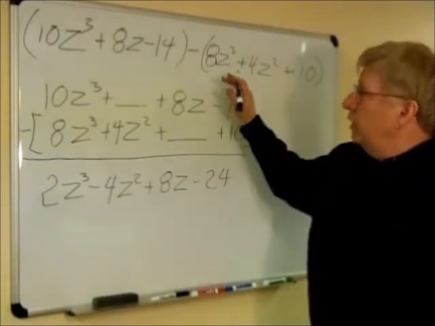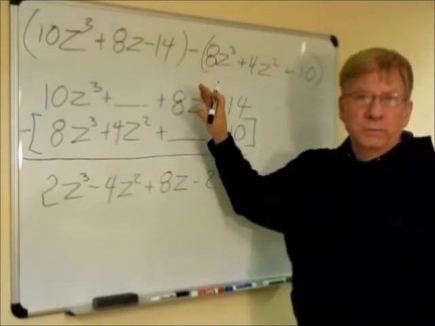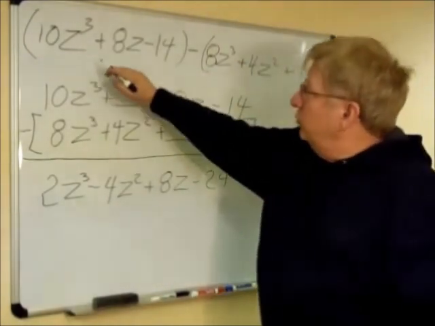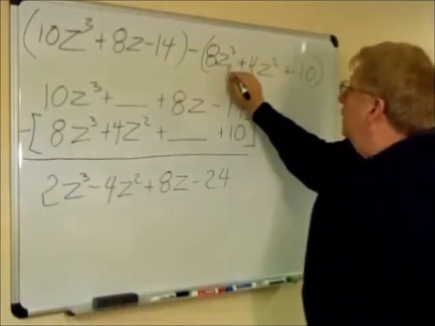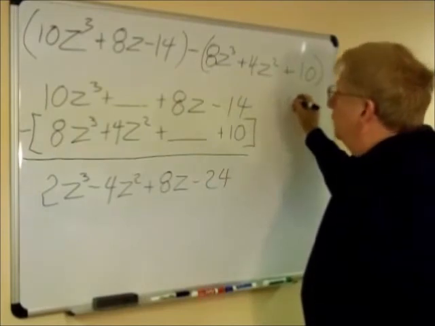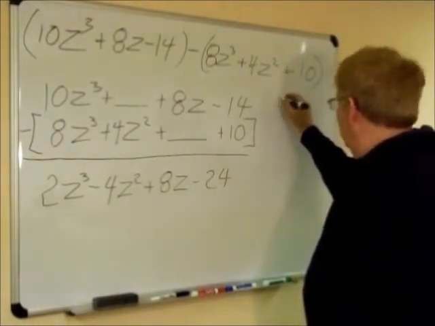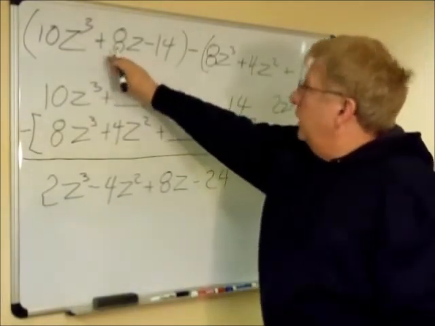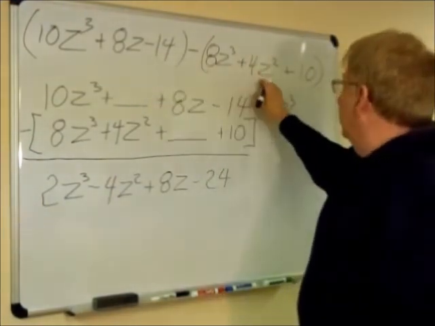We could do this horizontally, but I think when we have terms that aren't the same, vertically is a little clearer. If we were going to do this horizontally, we would take 10z cubed minus 8z cubed, which would give us the 2z cubed left. And then we would look, and we don't have the squared term, so you really got to think about what you're doing if you're doing it horizontally.